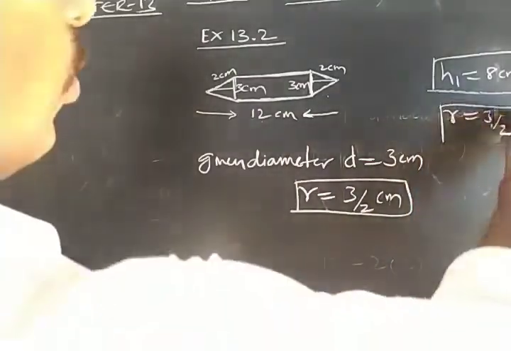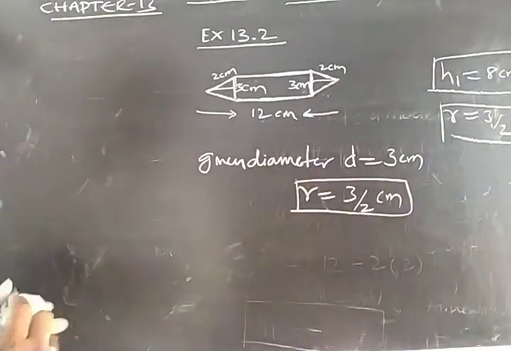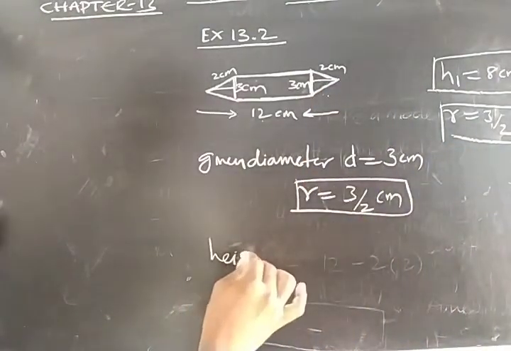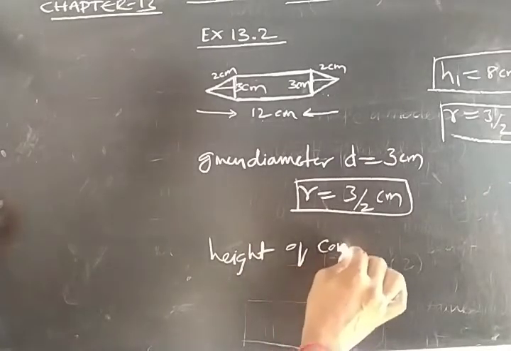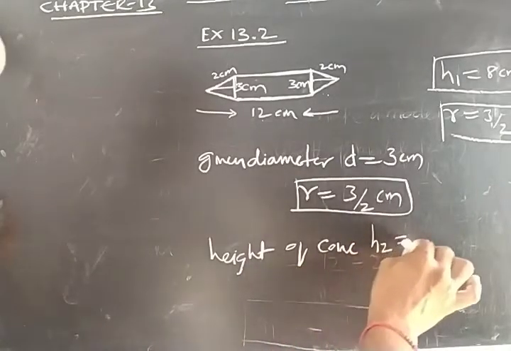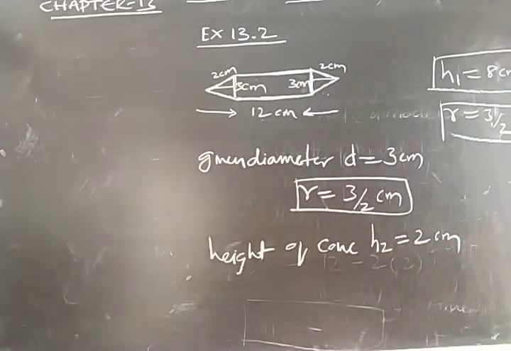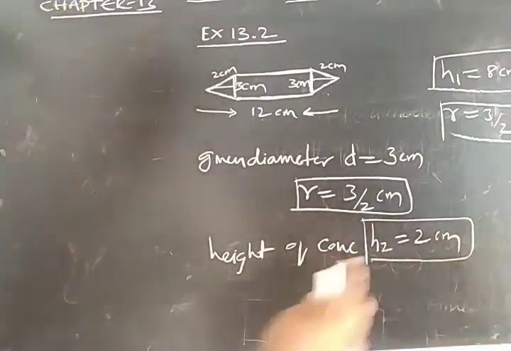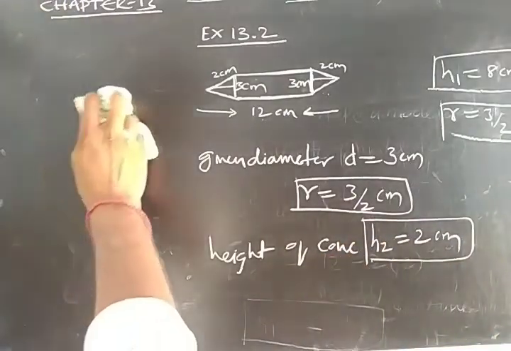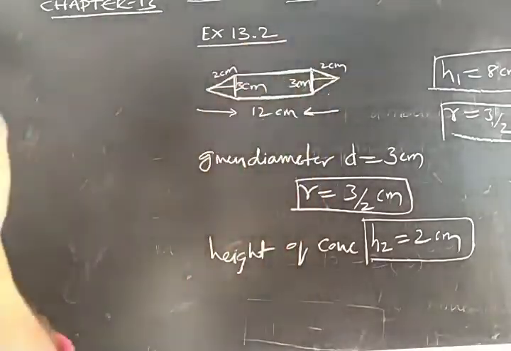Now I have the length of the cylindrical part h1, and the radius is 3 by 2 centimeters for the cone and cylindrical part, and the height of the cone is 2 centimeters, which is given in the question. The height of the cone I am denoting by h2. h2 is 2 centimeters.